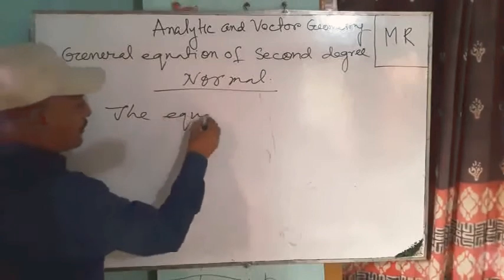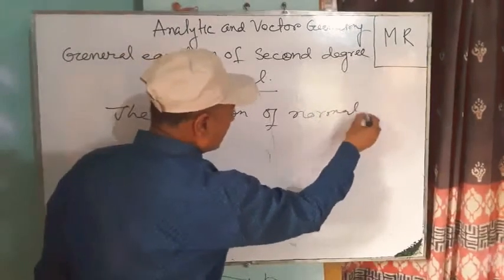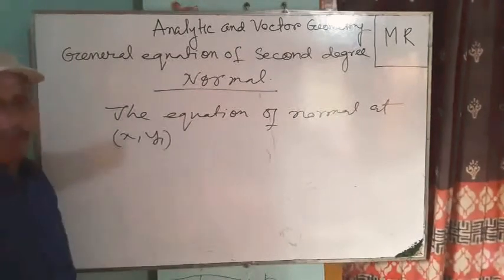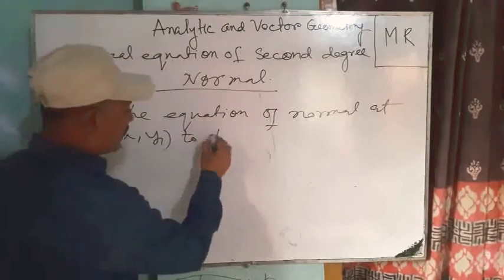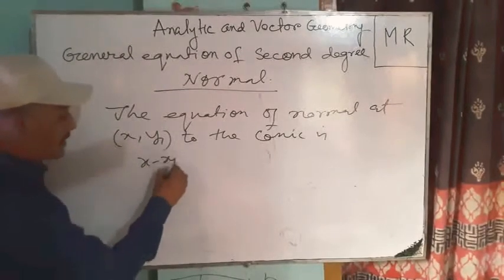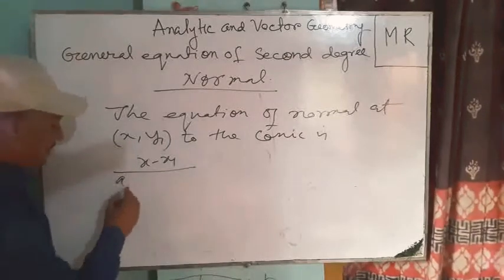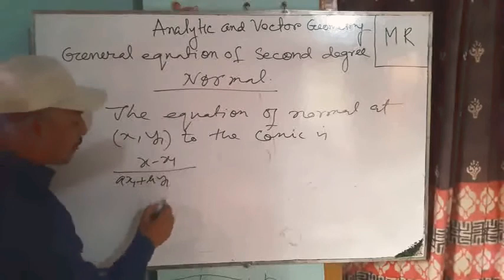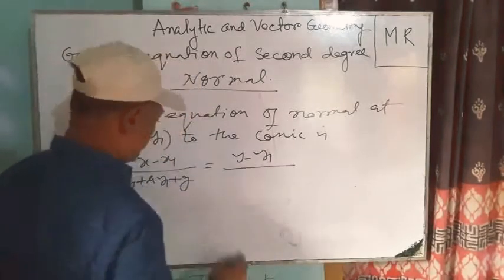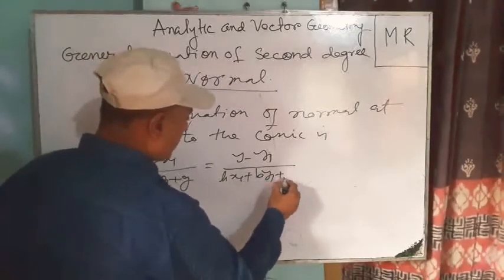The equation of normal at x1 y1 to the conic is (x minus x1) over (a x1 plus h y1 plus g) equal to (y minus y1) over (h x1 plus b y1 plus f).